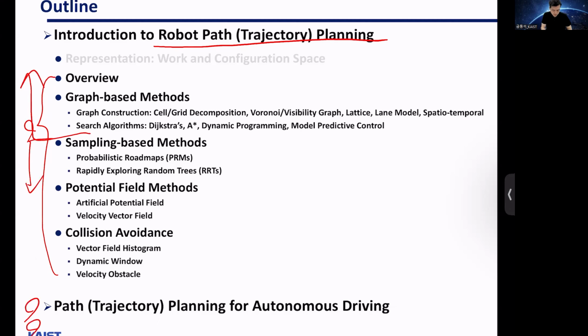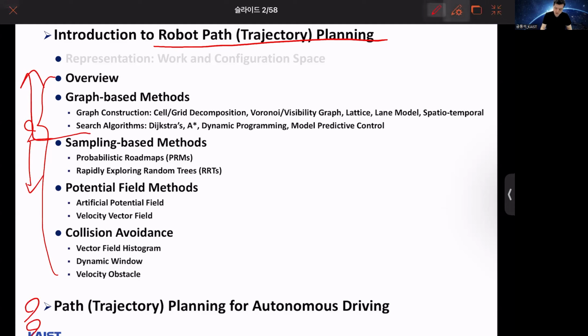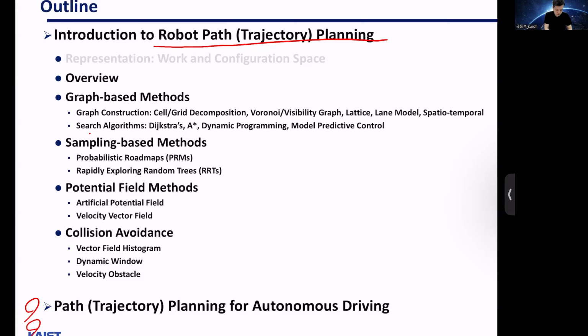Right, overview. By the way, let me go over these sections. So there are 4 sections, consisting of graph-based methods, sampling-based methods, potential field methods, and then some collision avoidance algorithms will be introduced.